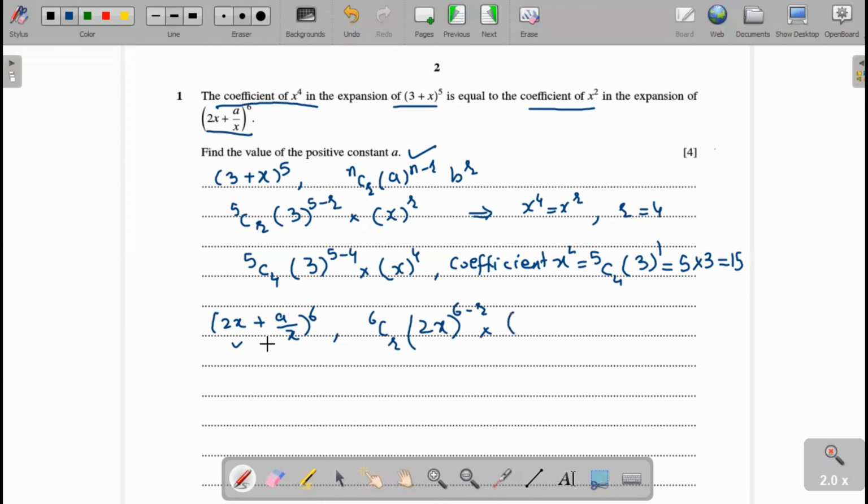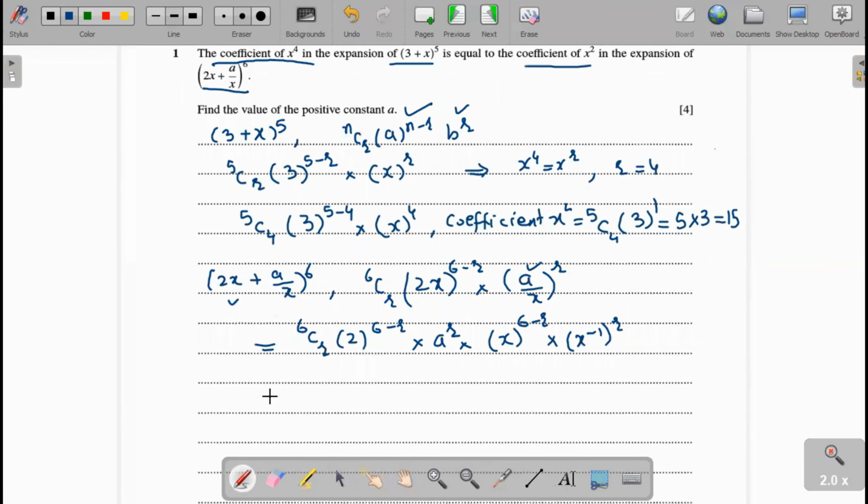Same as here, a/x is considered as b, and that is to the power r: 6Cr 2^(6-r) x^(6-r), and a^r times (1/x)^r, meaning x^(-r).